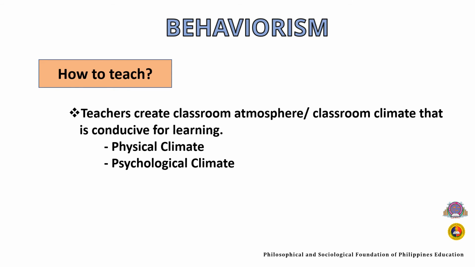When we say physical climate, that refers to the lighting, the temperature, arrangement of furniture, or the size or quantity of visual aids. While for psychological climate, that refers to the feelings of students in the presence of the teacher or in the presence of the classmates, whether they are respected, welcome, or supported.